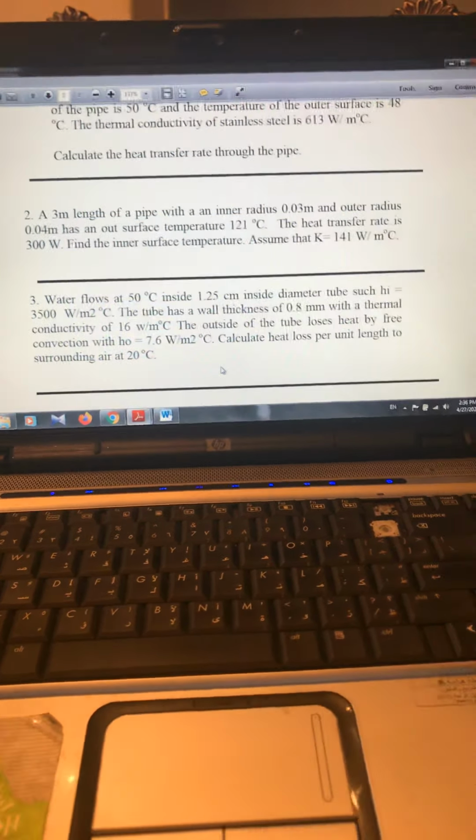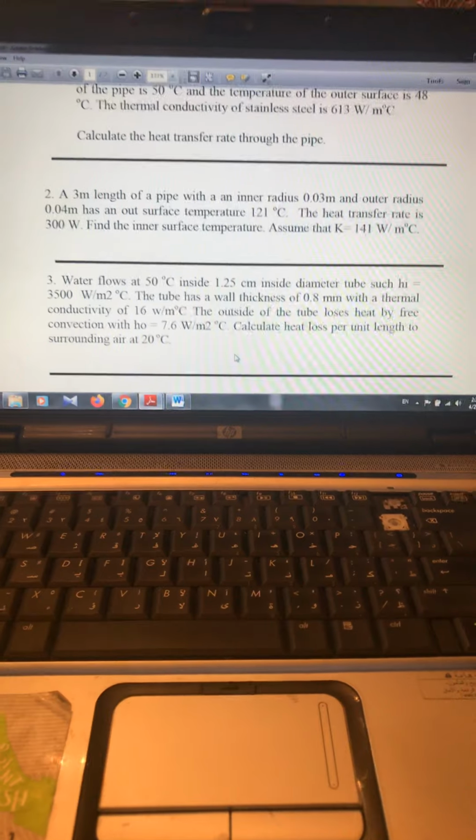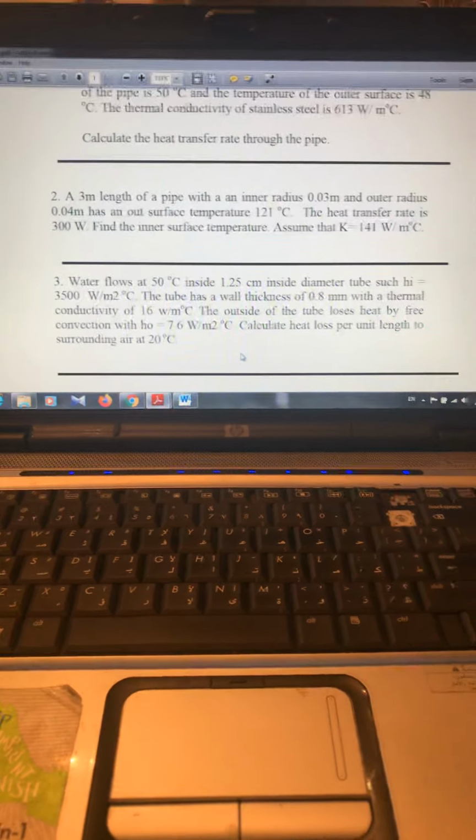The tube has a wall thickness of 0.8. You have a thickness for the wall. You have this and this as I mentioned, and there is a thickness for the wall like this.